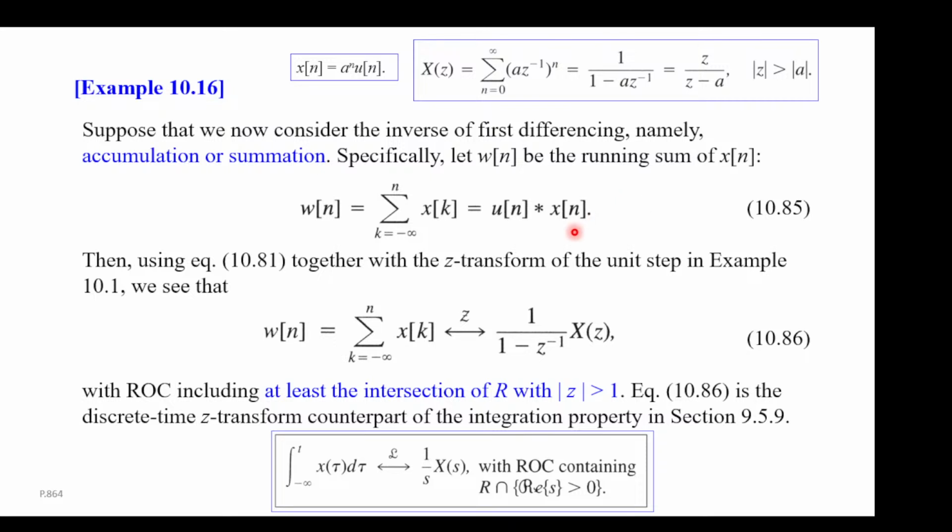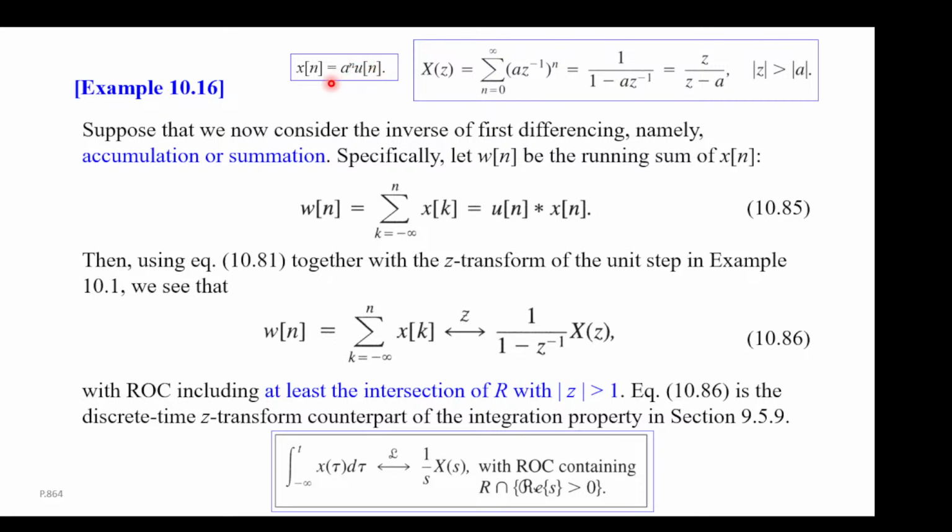Now we do the z transform on both sides. Then the z transform of w of n equals the multiplication of the z transform of u of n and the z transform of x of n. The z transform of x of n we just call big X of z. And the z transform of u of n we actually already know, because it's a special case of the z transform of alpha to the n u of n.